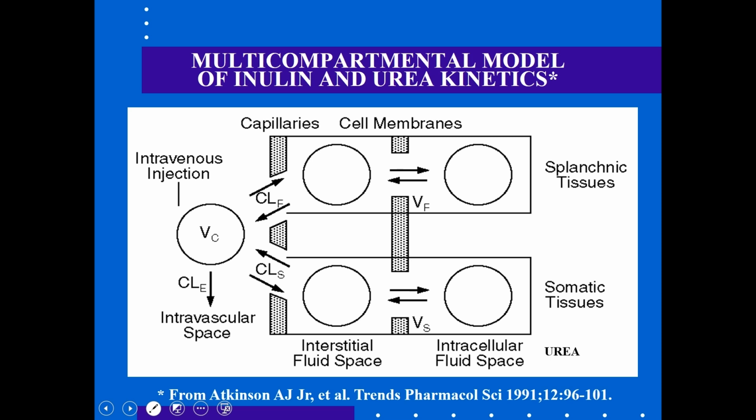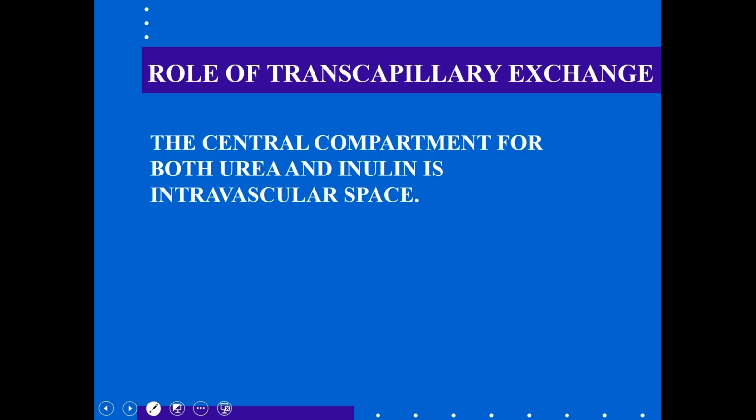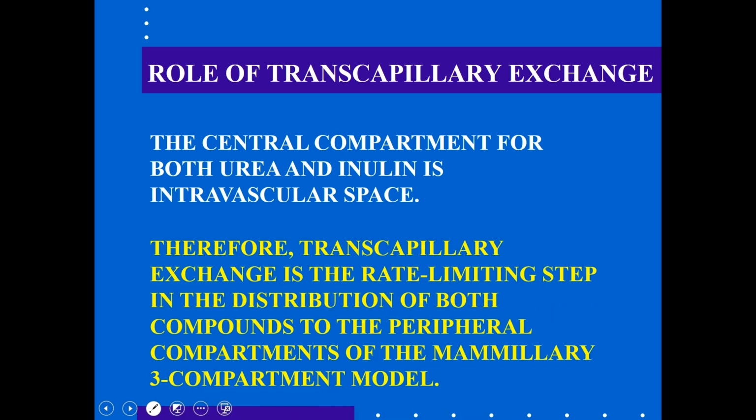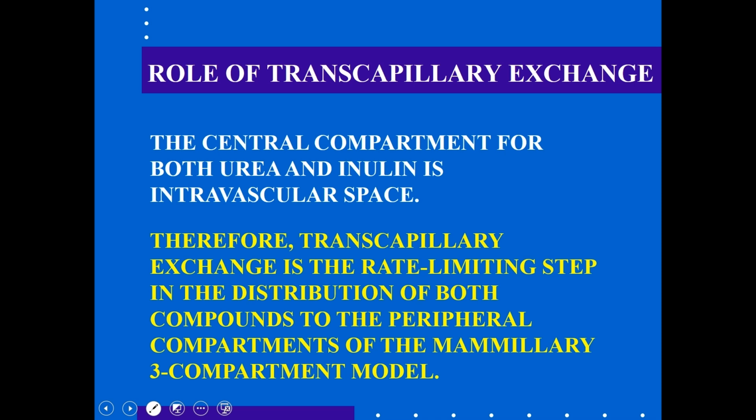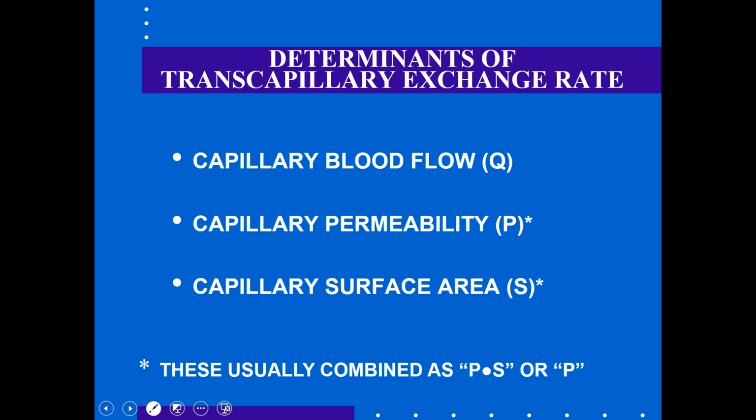In both cases, the transcapillary exchange is the rate-limiting step, and that's the process that we would like to analyze in terms of understanding what makes up the transcapillary, the intercompartmental clearance of these compounds.